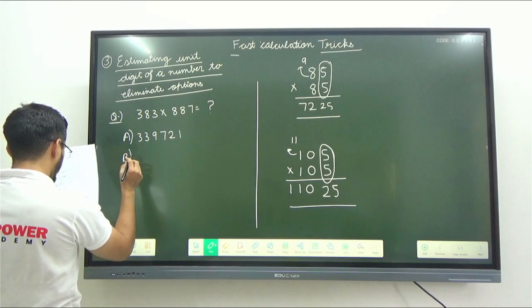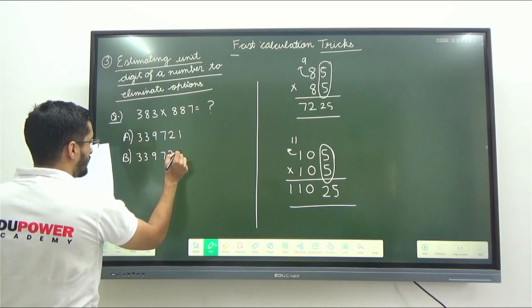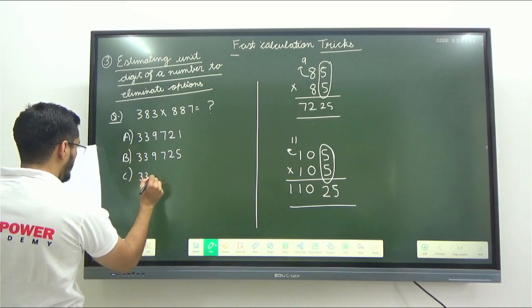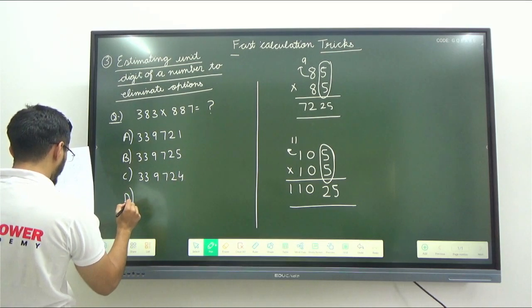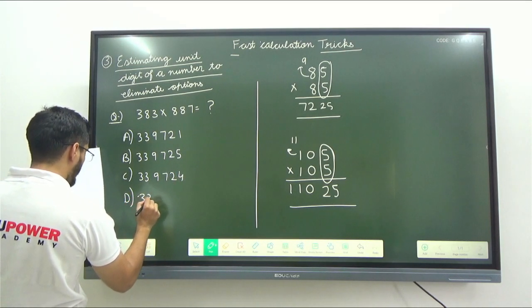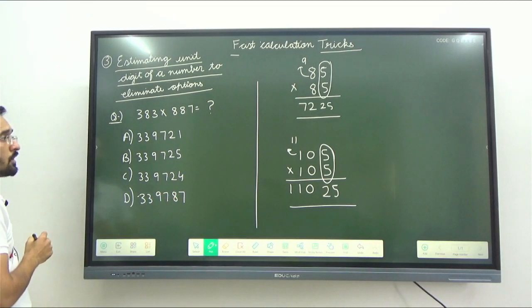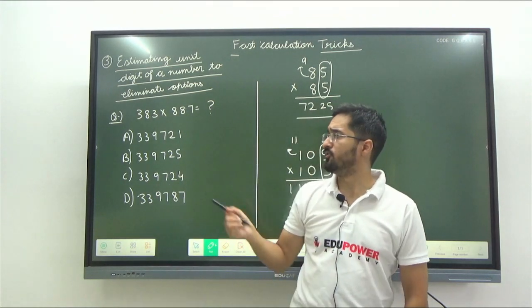Option B is 339725. Option C is 339724. Option D is 339787. So, can you tell me just by looking at the options which one is the correct answer?